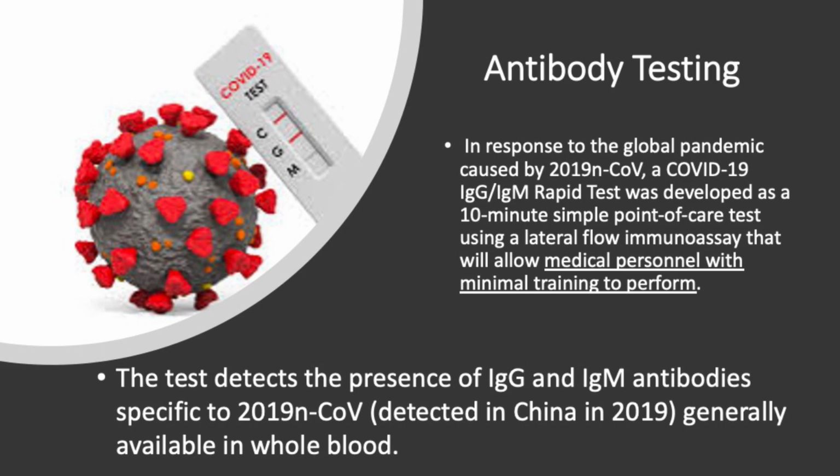And then when the antibody and the antigen interact, you get a bar across the test cassette. So if you look in the picture here, you'll see a G that has a red in it. That is indicative of a positive for IgG. The C is a control bar, and the M would be negative in this example. So there was no IgM antibody in this blood sample.